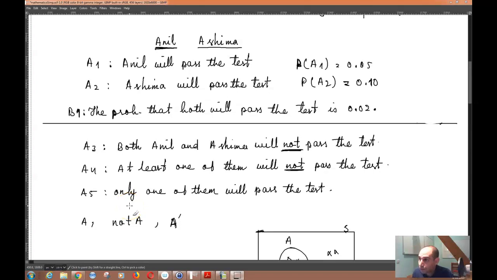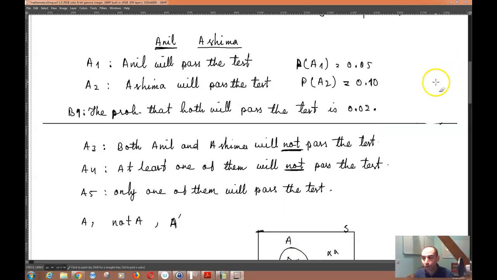So in this video we want to continue with what we were doing, the different types of probability, the axiomatic approach to probability, of course.